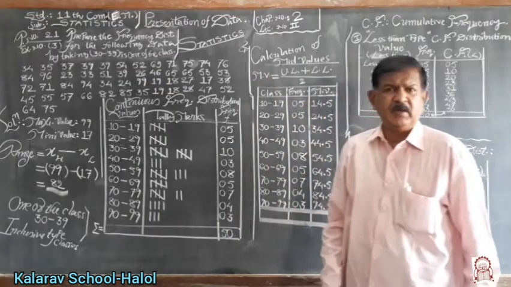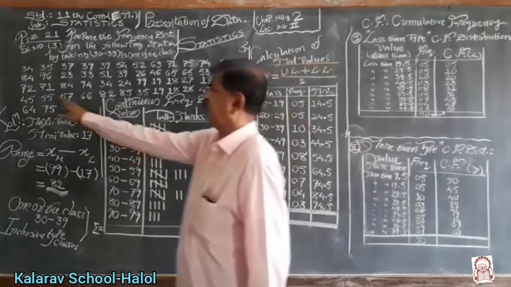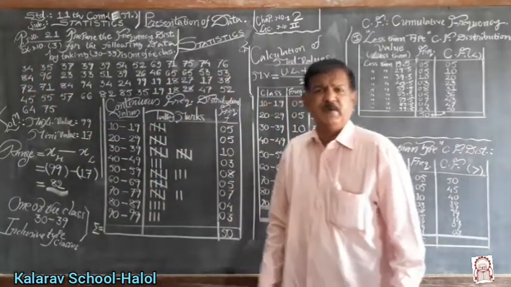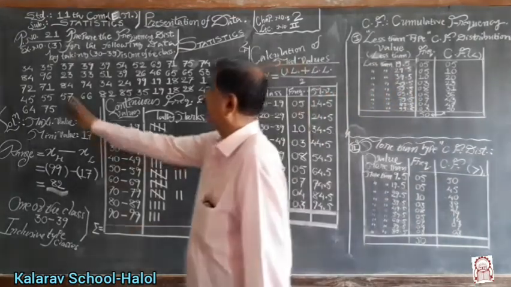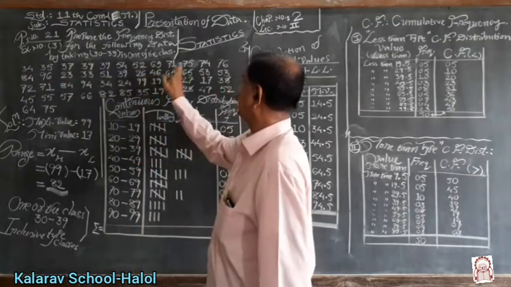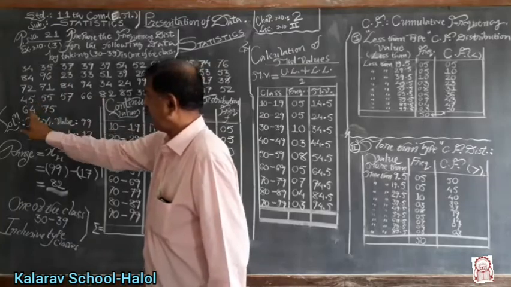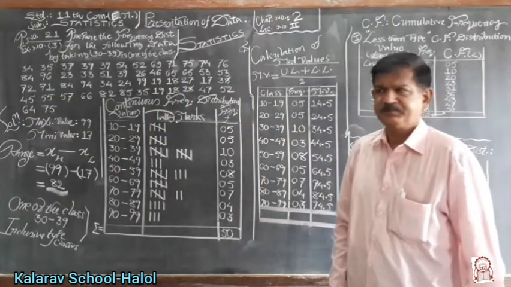From the given data of 50 items, these are the number of roses, and information for 50 days is supplied. See, 1, 2, 3, 4, 5, 6, 7, 8, 9, 10, 11, 12. In the same way, 12 fours are 48, 49 and 50. So there are 50 observations.